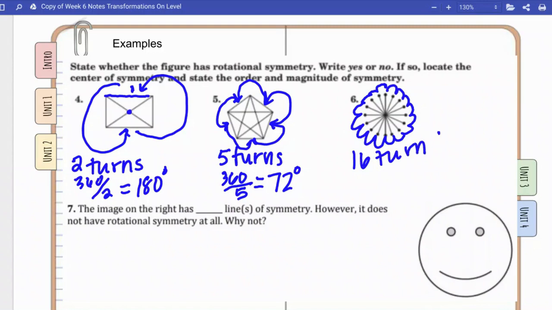To figure out the magnitude, we do 360 divided by 16. And that's approximately 22.5 degrees per turn.